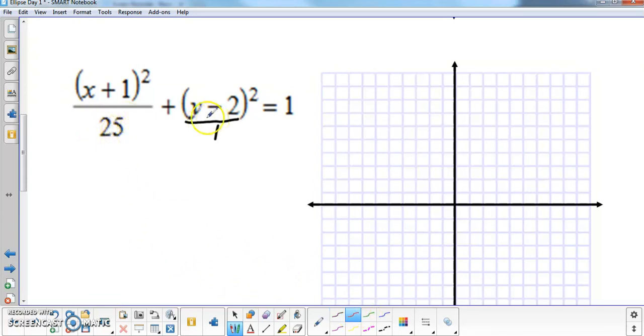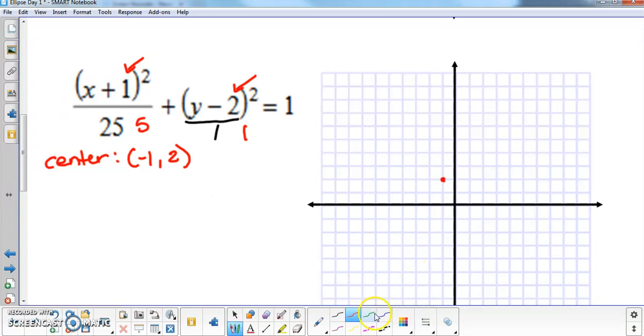So here, if I take the square root of both of these, I've got 5, and the square root of 1 is 1. So I've got my center, which is located at the opposites of these. So -1, +2. So I'm going to go -1, +2.